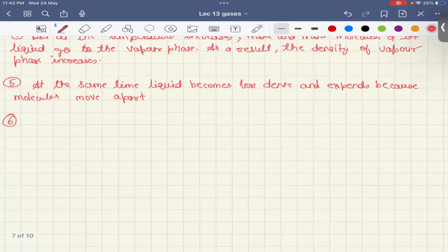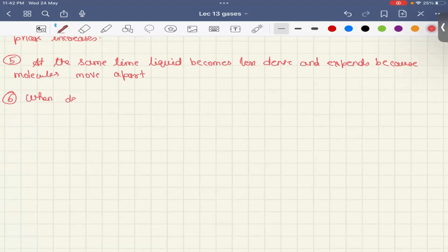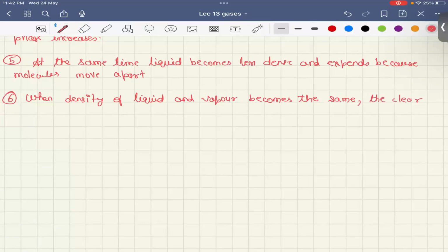When the density of liquid and vapor becomes the same, the clear boundary between liquid and vapor disappears, right?